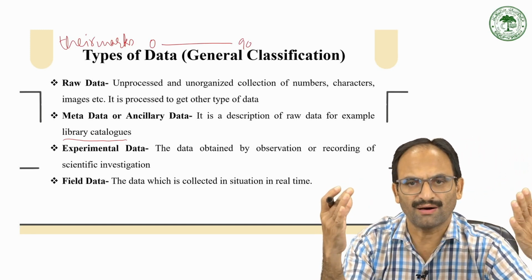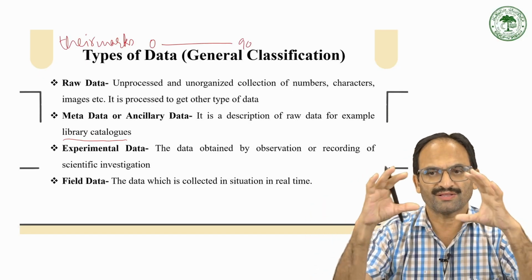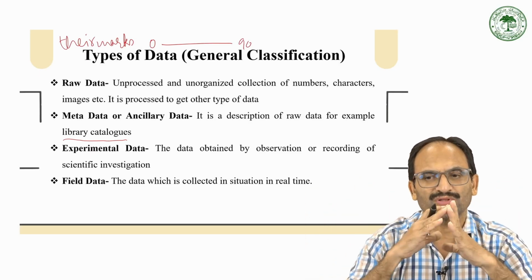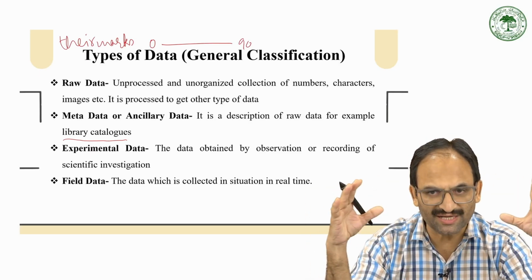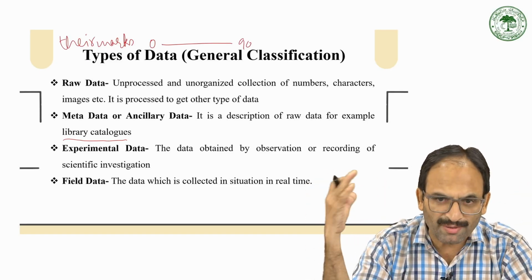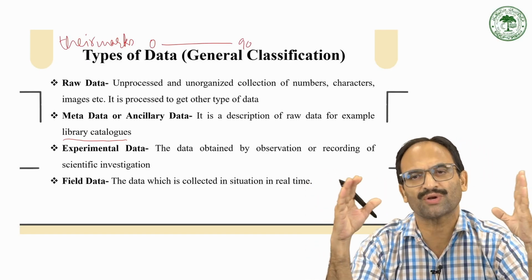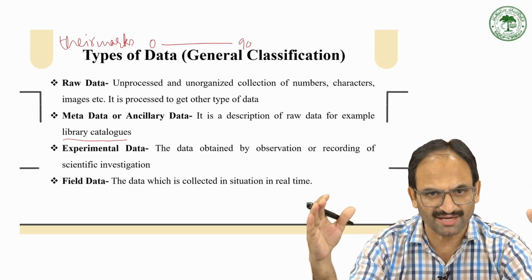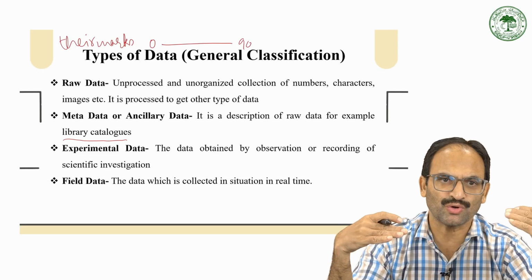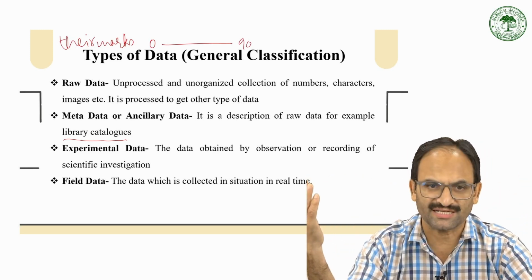If you see a catalog, the title of the book, the author of the book, what has been described in that particular book, where that book has been published, the year of publication, so many things are there. Such types of data are known as metadata or ancillary data, because they have been derived from the raw data. Unless and until you have raw data, you will not have metadata or ancillary data.